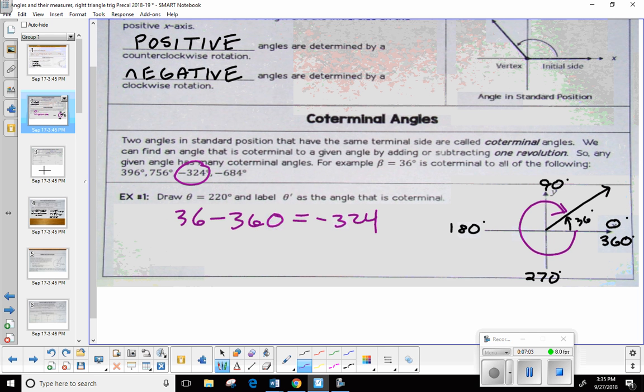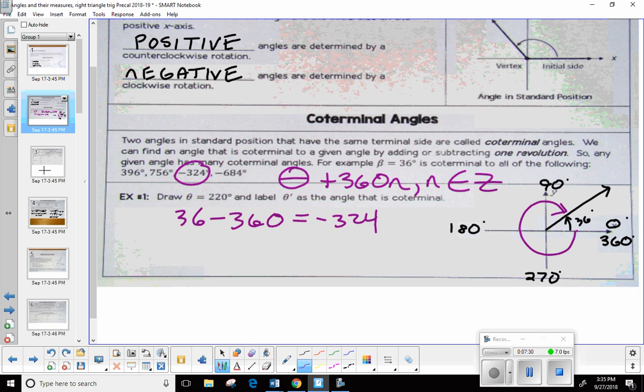So like I said, typically I'm just going to go ahead and ask you to find one positive and one negative. But you can write an expression for every one that you could come across if you take, in this case, theta, or whatever symbol you're wanting to represent your angle measure, and add 360 times n, where n is going to be an integer.